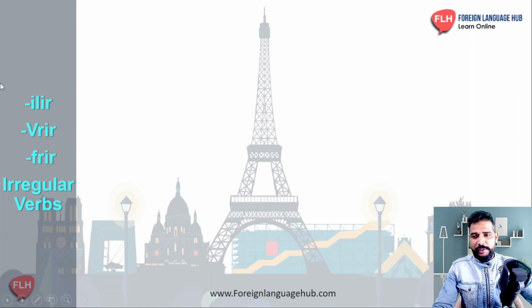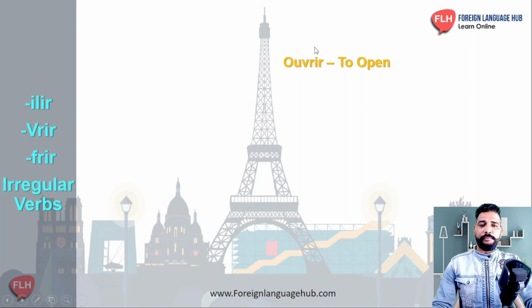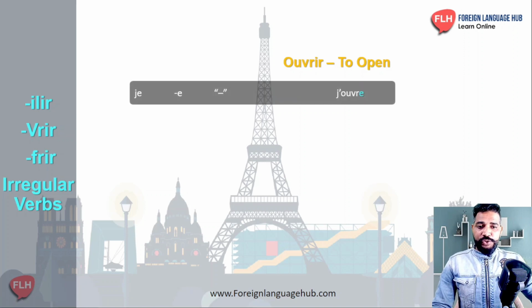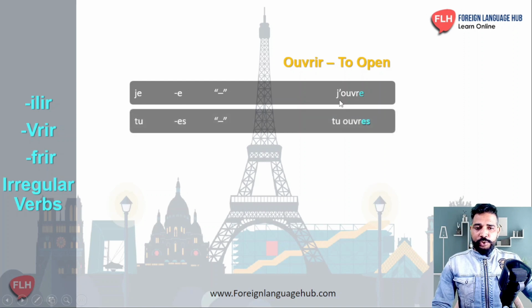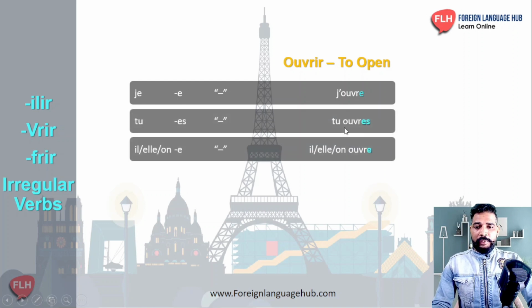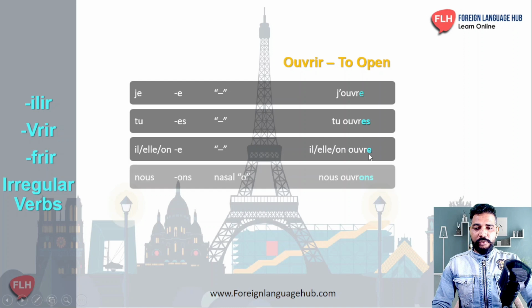We'll take the example of ouvrir, to open. J'ouvre, we are dropping the e because of the vowel clash. Tu ouvres, il, elle, on ouvre. So e, es, e, similar to ER ending verbs.